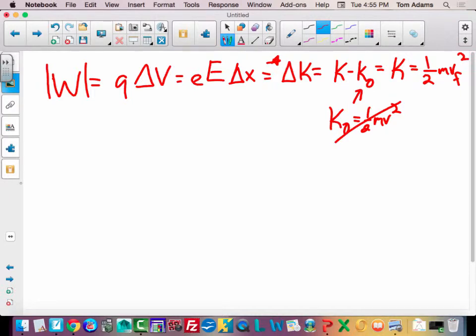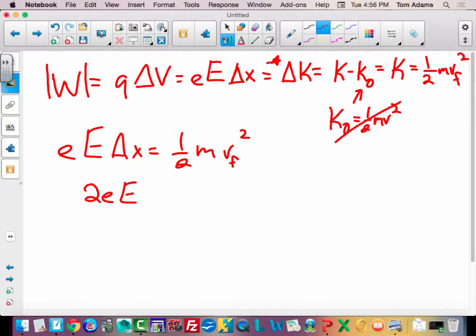So now, working backwards from that, I can say that this right here is equal to 1/2 times the mass times the final velocity squared. Multiply both sides by 2, and I get 2 times the charge of an electron. That's what the C stands for.